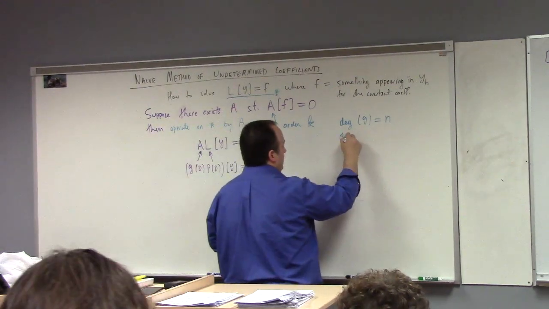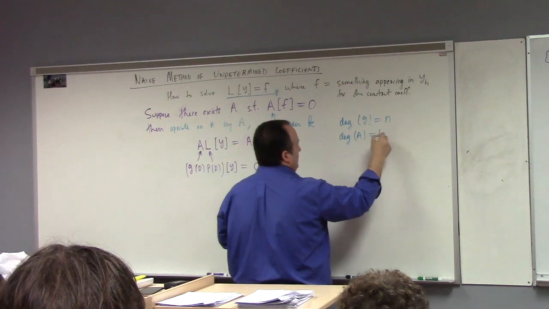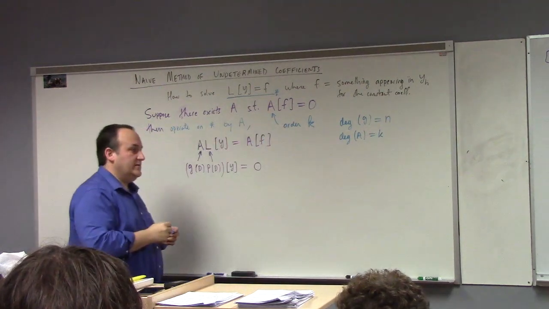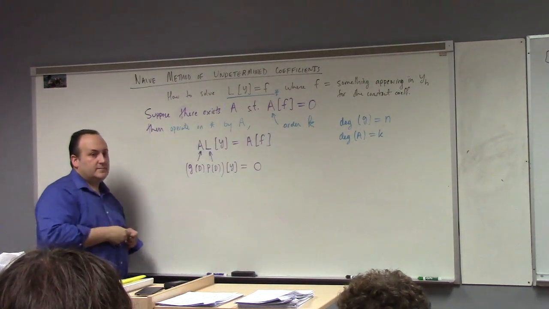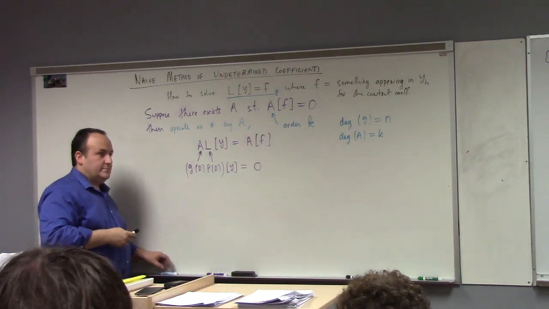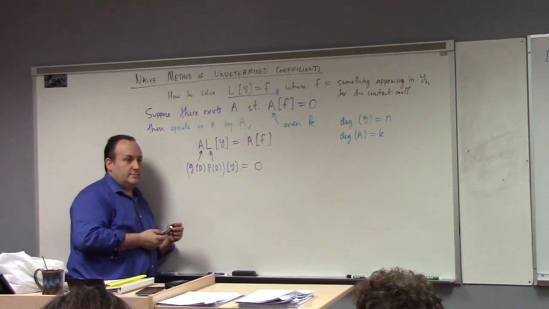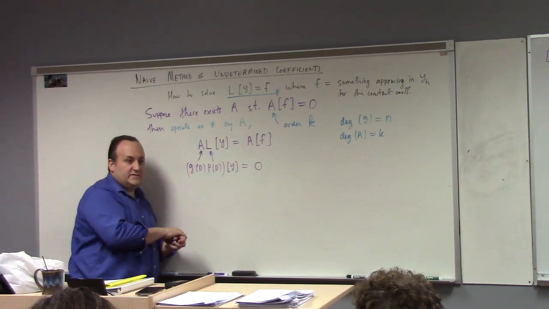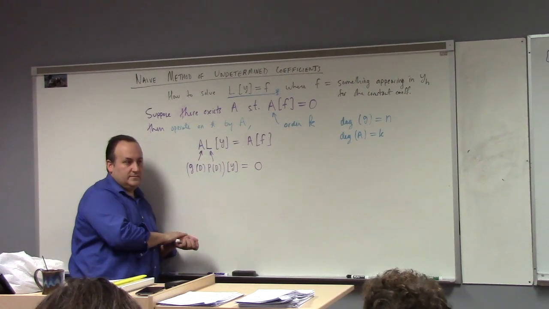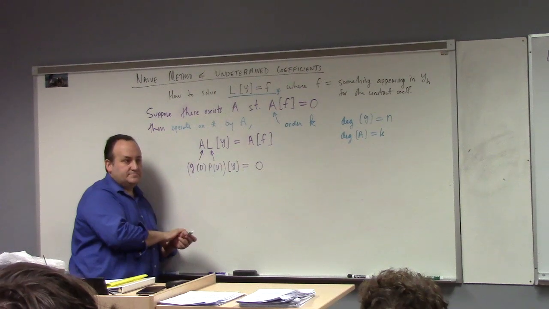So the degree of A is k. So my question to you is, what is this then? Isn't this just a homogeneous differential equation of order n plus k? What's its solution look like?